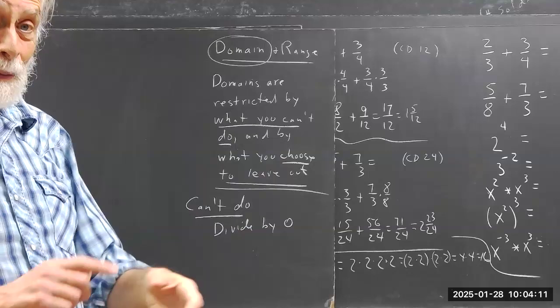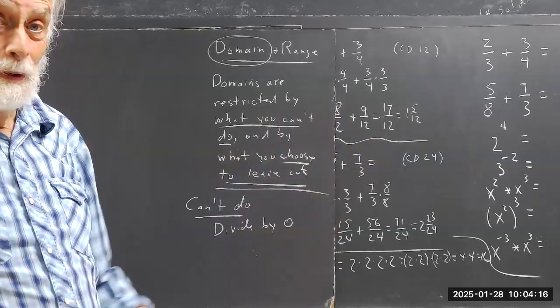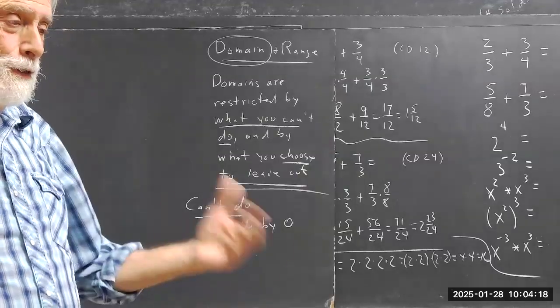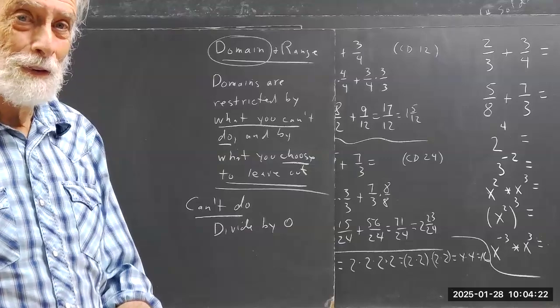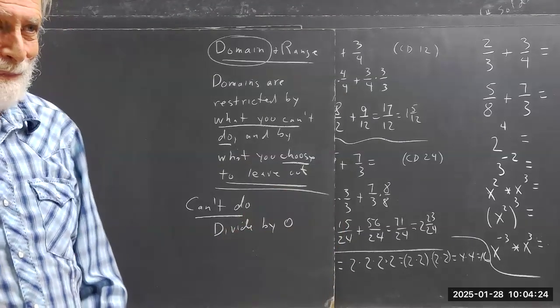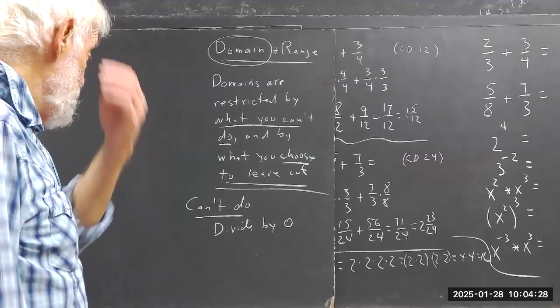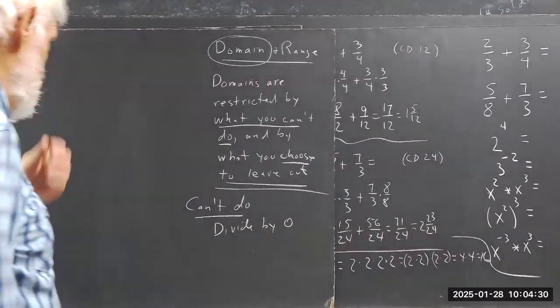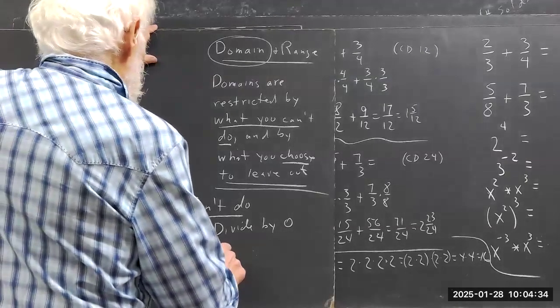Count to 1 by tenths: 1/10, 2/10, 3/10, up to 10/10, which is 1. Now try to count to 1 by zeros. 0, 0, 0, 0, 0. You never get anywhere. It doesn't make sense. So you can't divide by 0. You can't take the square root of a negative.